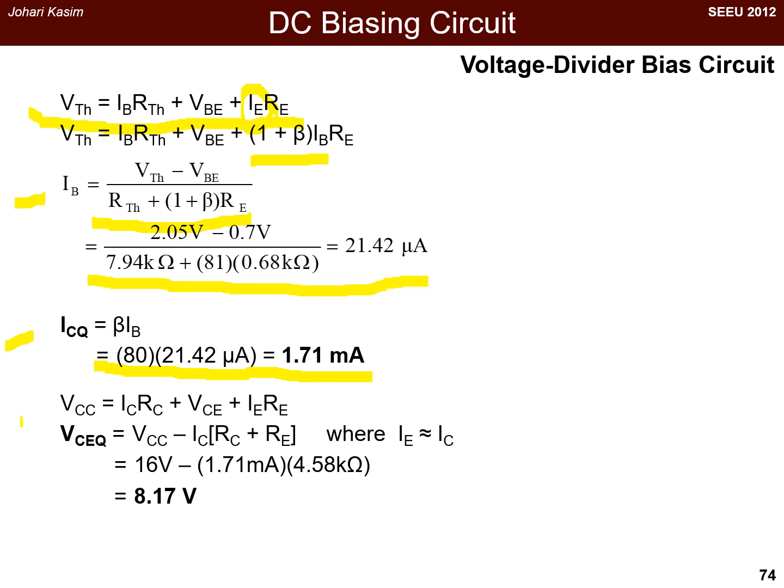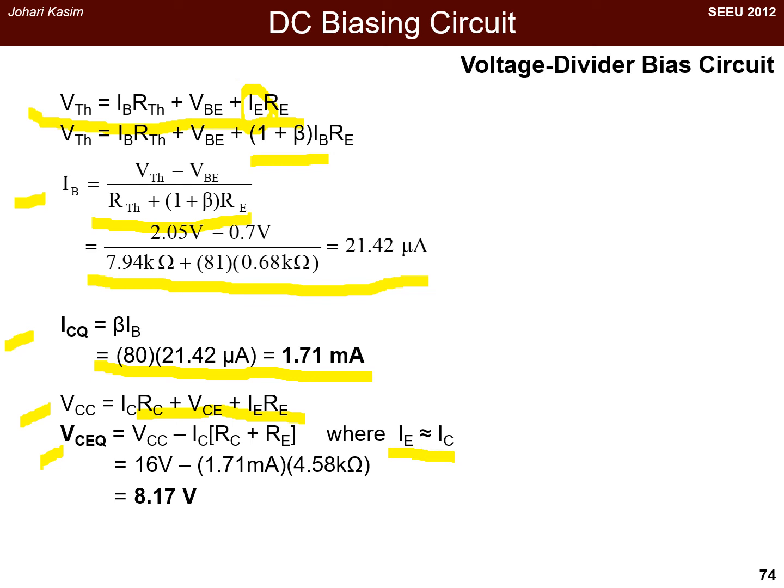Using the CE loop, you can get VCC equal to IC RC plus VCE plus IE RE. Then you can get VCE equal to VCC minus IC (RC plus RE), where IE equal to IC.